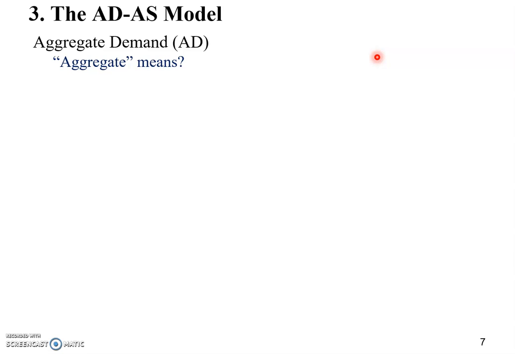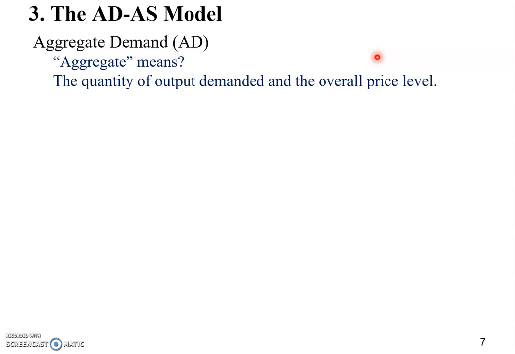Now, aggregate demand is just like the demand curve we learned in the intro class, which shows the relationship between the price and quantity. Here, the quantity would be the quantity of output, or all goods and services demanded, and the price would be the overall price level.